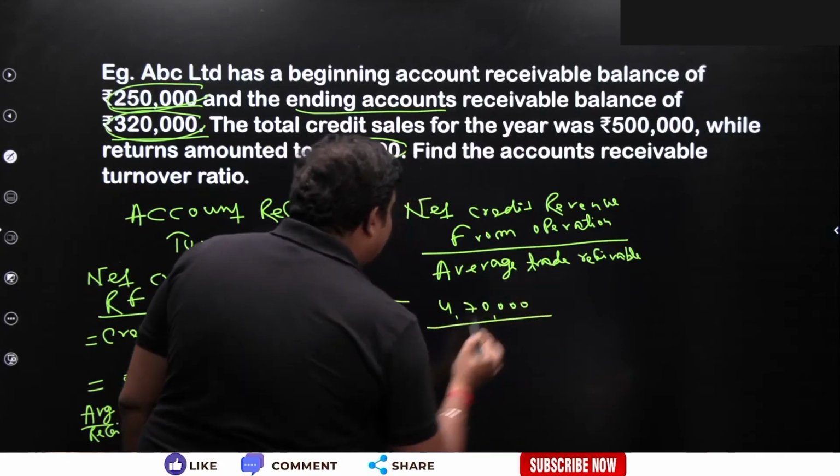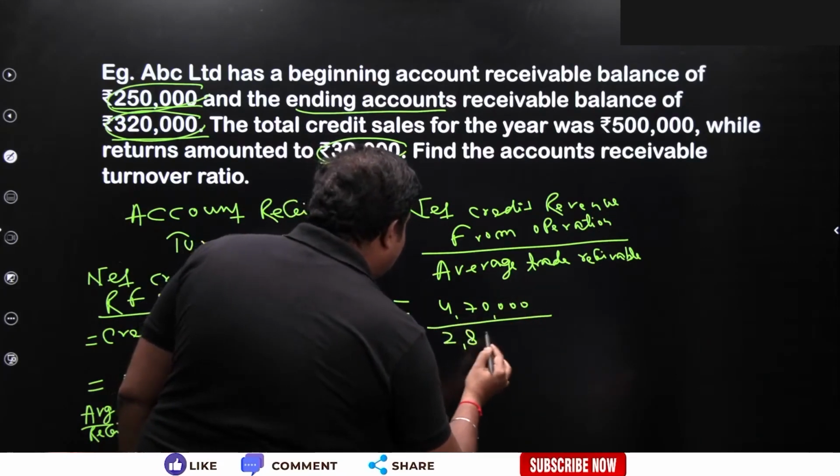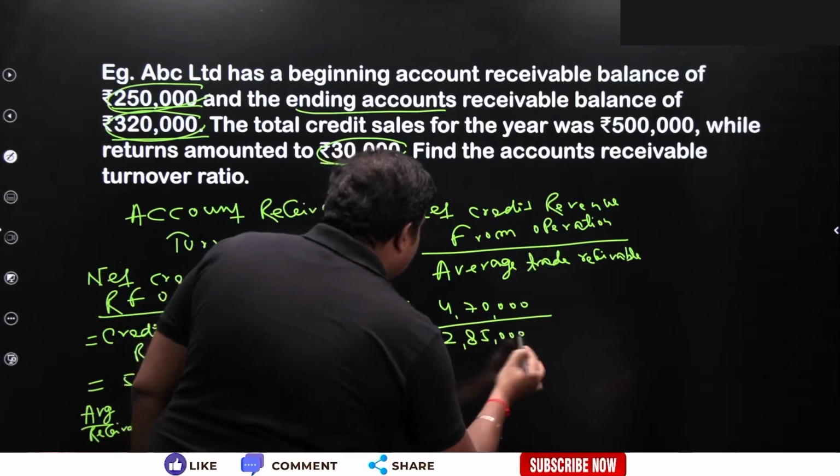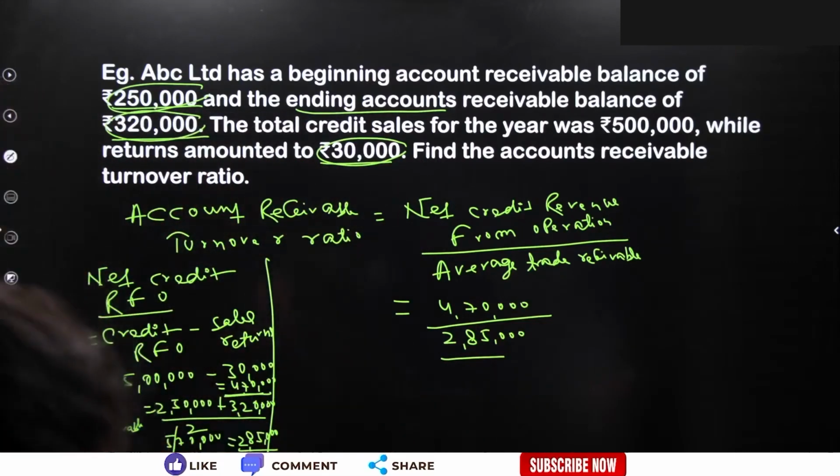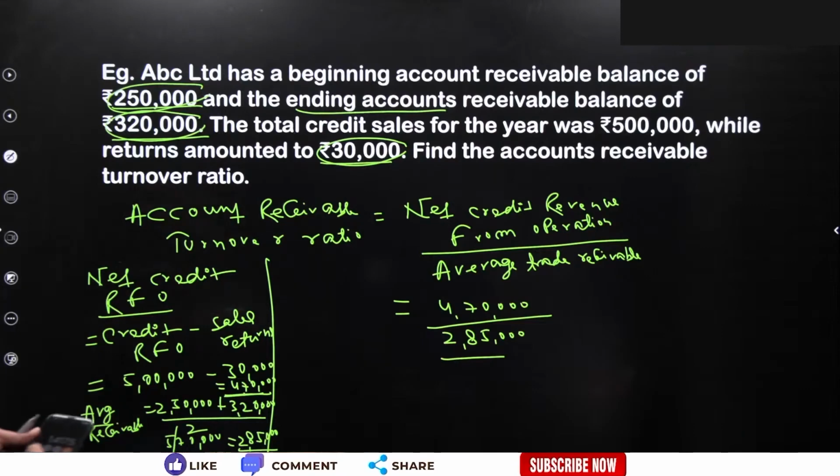All right. So net credit revenue from operation, as we have just calculated, is 4,70,000, and average trade receivable is 2,85,000. So I'll calculate this using the calculator. 4,70,000 divided by 2,85,000.